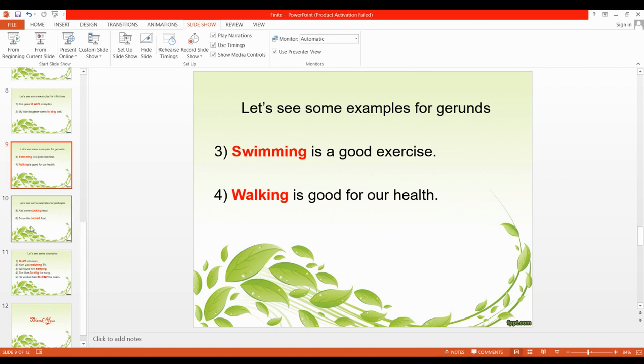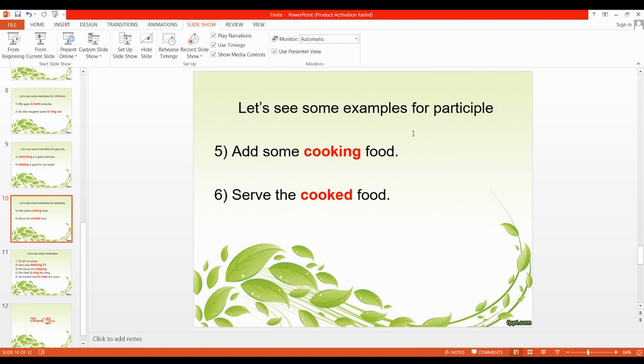Let's see some examples for participle, present participle and past participle. Present participle form, you all know, is used in present continuous tense or past continuous tense: verb plus ing, like he is walking or she is cooking, she is serving, she is dancing, he is playing.